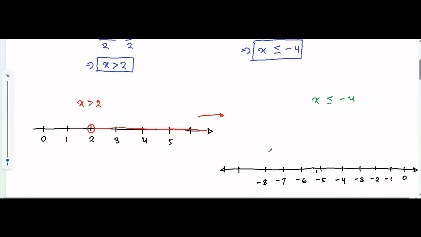Here we first highlight the point minus 4. It is less than or equal to minus 4, so because of this equal to sign, minus 4 is part of the solution.